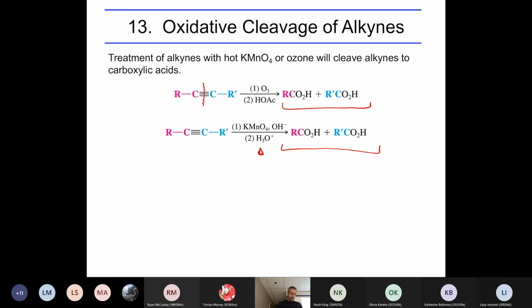So if you have a reaction like this, just think about cutting it, and then the left side becomes a carboxylic acid, and the right side becomes a carboxylic acid. Just make sure when you do this, you count your carbons and make sure you haven't lost any, because this is the big mistake people make with oxidative cleavage.